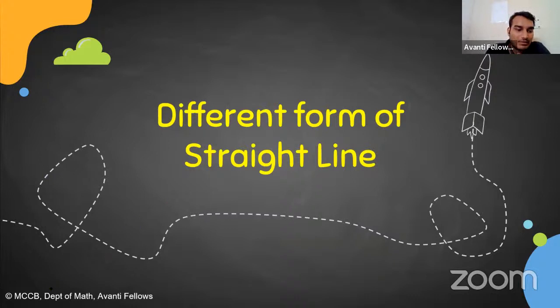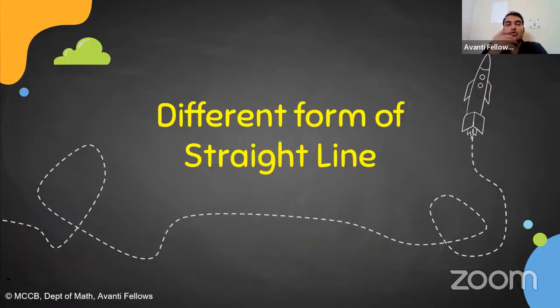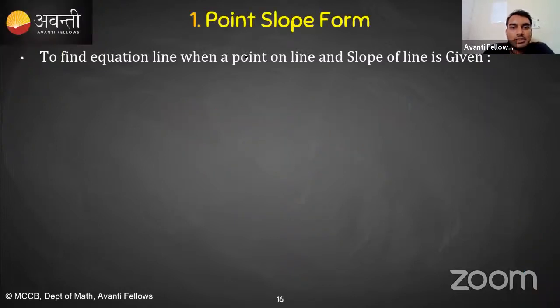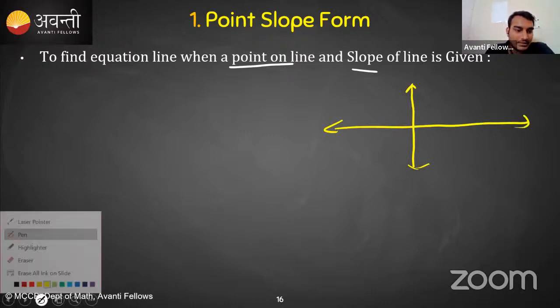So what will happen now is you will be given a different information, and according to those information you will be writing the equation of lines. Okay. So first form is point slope form. So what is point slope form? It is already from the name it's clear that a point on a line and the slope of a line would be given. Let's say there is a line.